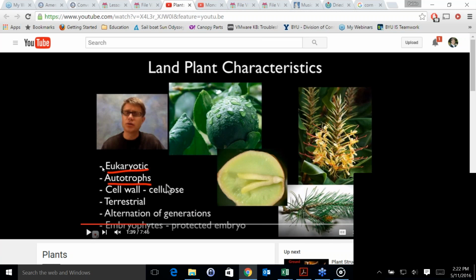They are all eukaryotic, so they have a nucleus in the cells, and they are multicellular organisms. Then one of the main characteristics is that all plants are autotrophs. What does that mean, that they are autotrophs? What was that word? What was the meaning of that?